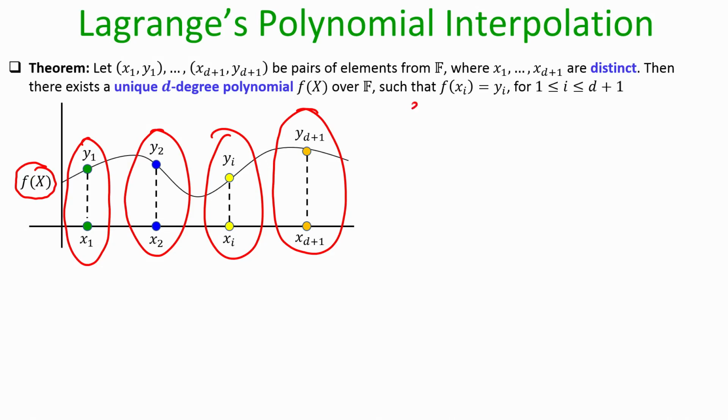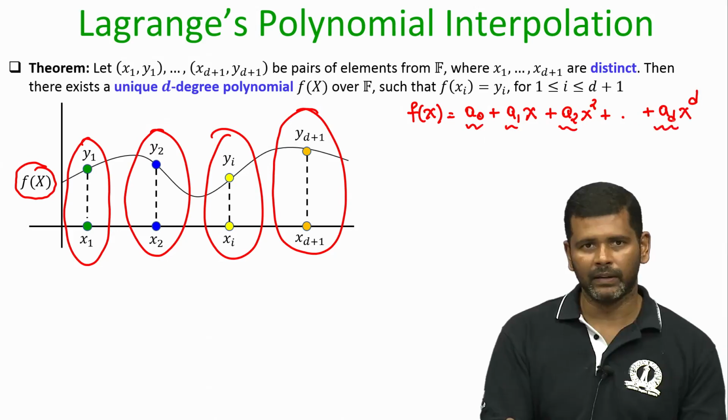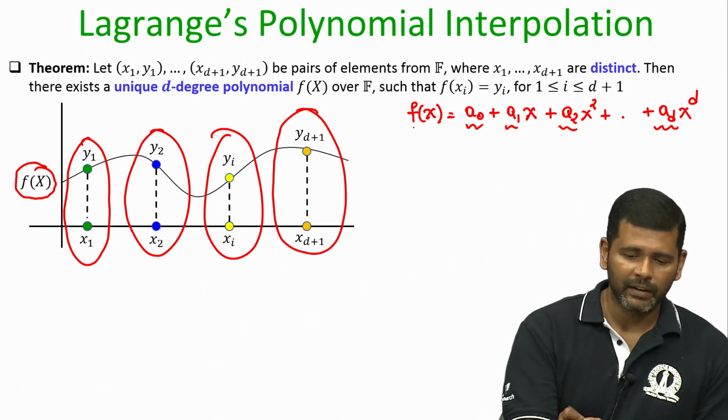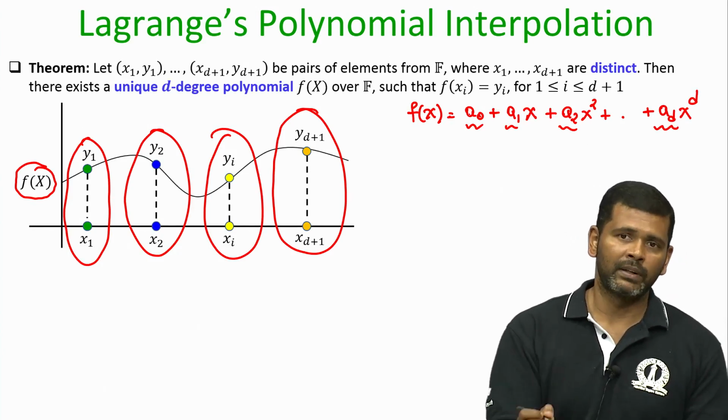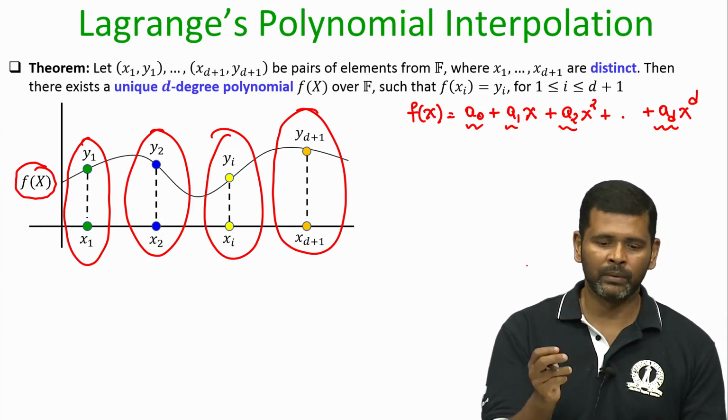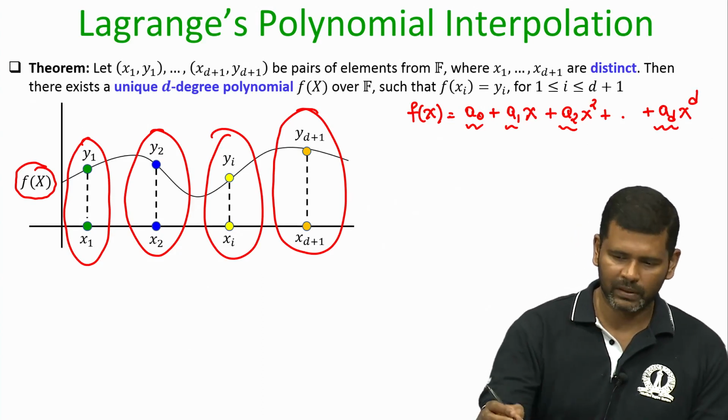That means, your f of x will be of the form a naught plus a 1 times x plus a 2 times x square plus up to a sub d x power d, where all these a naught, a 1, a 2 are elements from the field, such that this f polynomial evaluated at x equal to x 1 will give you y 1, evaluated at x equal to x 2 gives you y 2 and so on. That is the claim here.